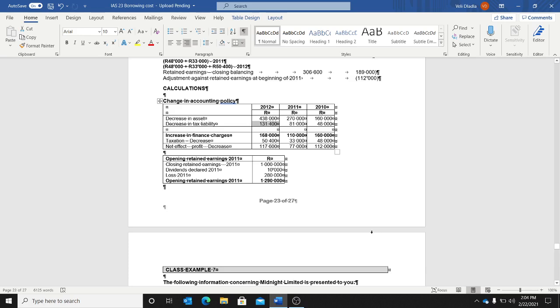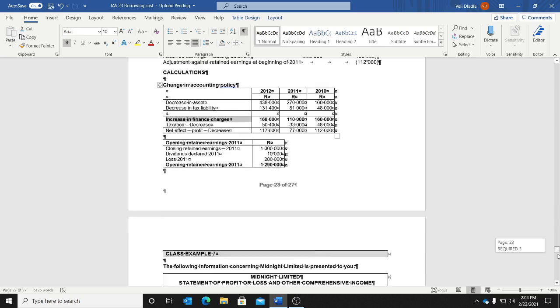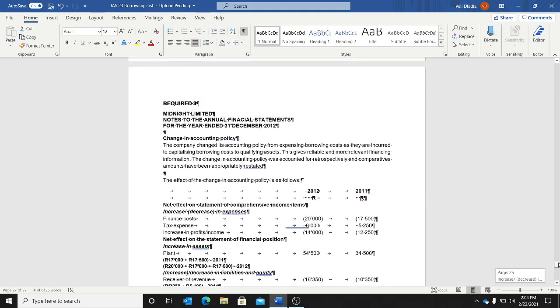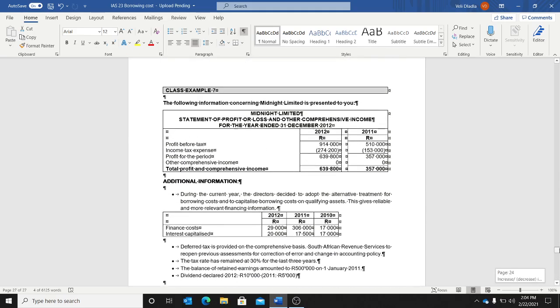So the direction is not changing. You can see it's a decrease in assets, it's an increase in finance charges, just like we expected here when I showed you that if I'm moving capital, it must be an increase in this, a decrease in that. All the direction that we are seeing here will always be the same all throughout.